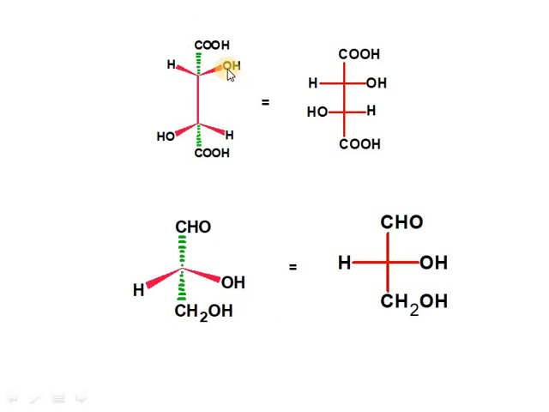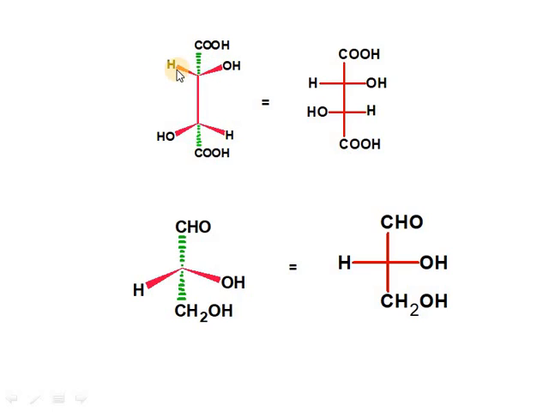Similarly, another example in this formula, this is tartaric acid. In tartaric acid, it will show this acid group and this acid group on the vertical line at the top and below the line. And the two groups, hydrogen and OH, are above the plane of the paper.